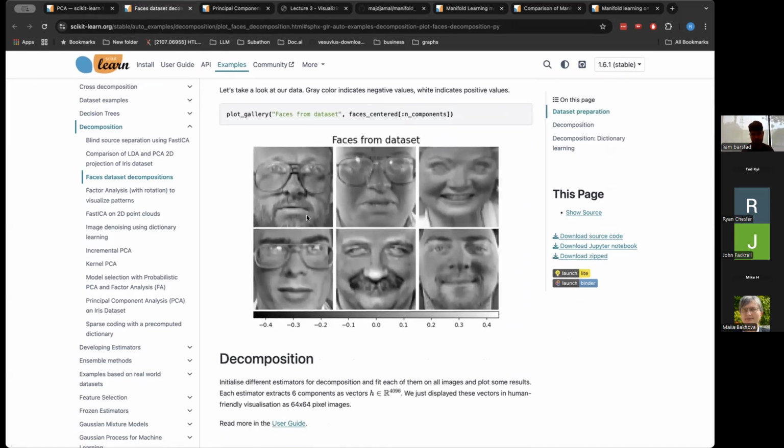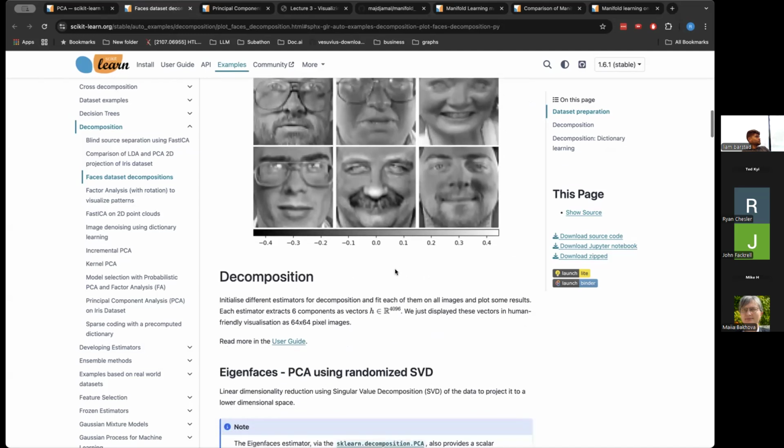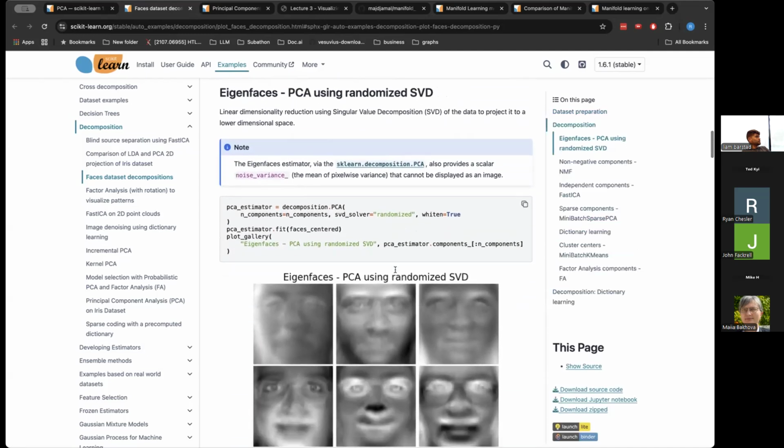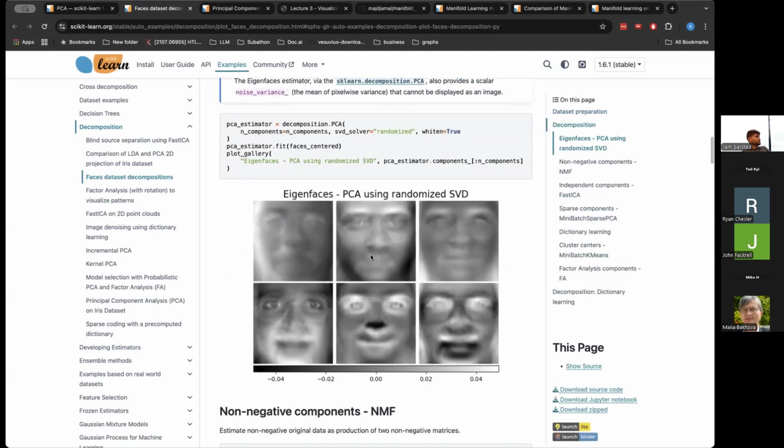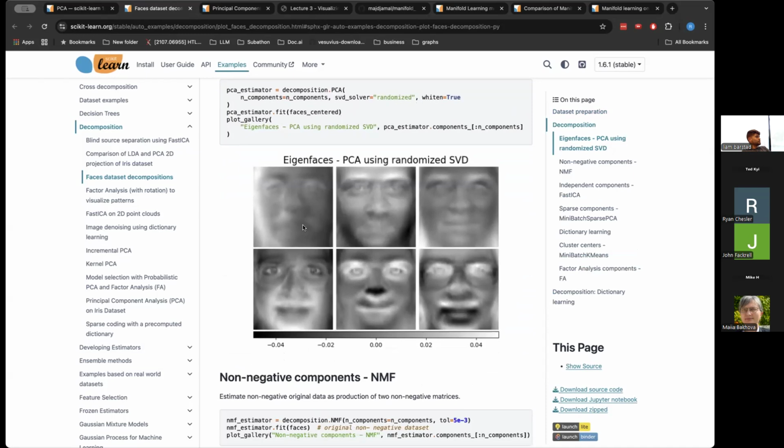This is an interesting one where they had 64 by 64 images of faces. They said, reduce this down to 6 components with a bunch of different methods, and then see what it recovers back out. So these are the original face images, and then they do reduction with PCA, and they say, okay, we reduce it, and then we go back to the original data.